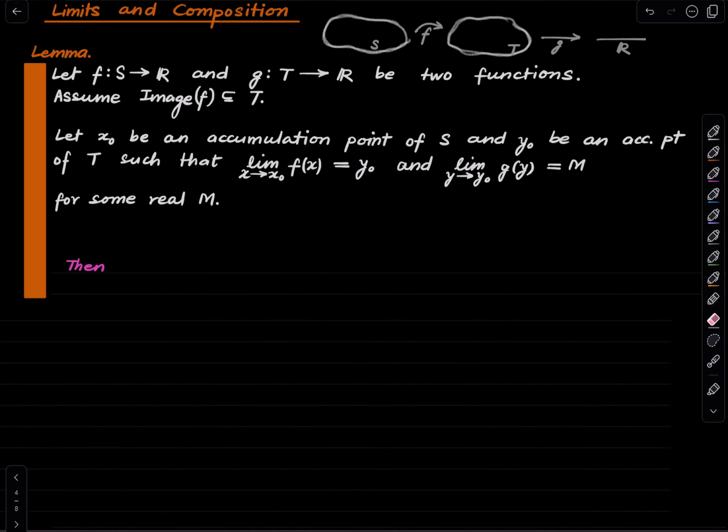Then the limit of the composed function, limit of the composite, as x approaches x0 is m. It exists and is equal to m.